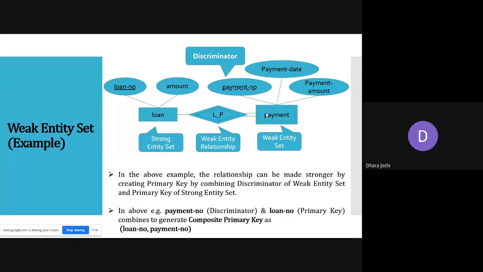So weak entity set means an entity whose individual existence is not possible. If it is a weak entity, then there is no primary key. Instead of a primary key, they have a discriminator, and the discriminator's symbol is a dashed line.